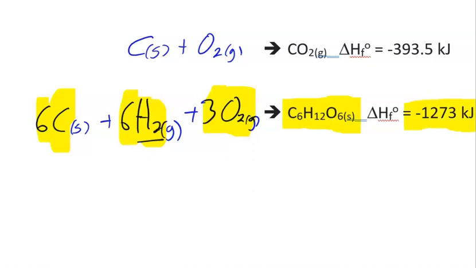Now this is what a heat of formation is. We need to talk about how we use heats of formation to solve for a delta H. Not a delta HF, but just a delta H for some chemical reaction that's not a heat of formation reaction.